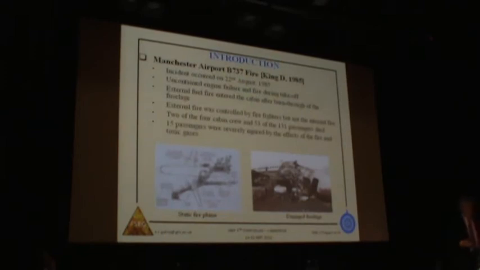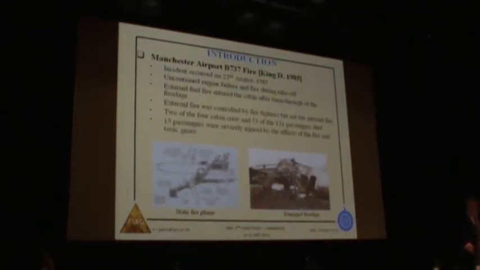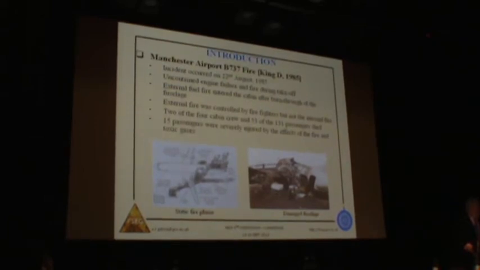I'm going to give you some brief background into the fire. The fire incident occurred on the 22nd of August 1985 at Manchester Airport. It was a result of an uncontrolled combustor can fire in an engine during the takeoff taxi. The combustor can burst and ruptured fuel lines and started an external fuel fire.